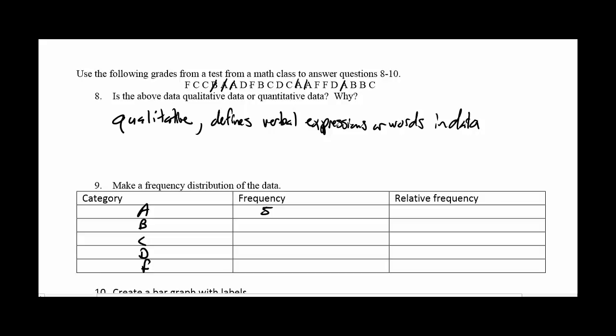B's, I got 1, 2, 3, 4. 4 of those. C's, I got 1, 2, 3, 4, 5. D's, I got 1, 2, 3. 3 of those. And F's, 1, 2, 3, 4. So we got 4 of those.